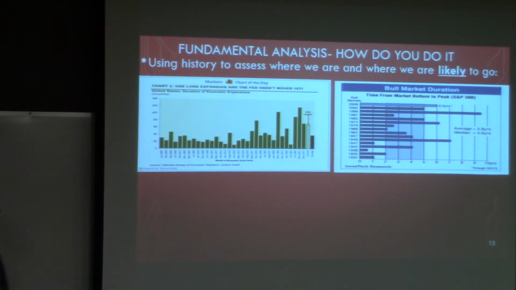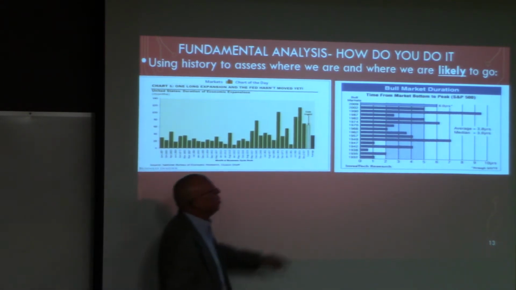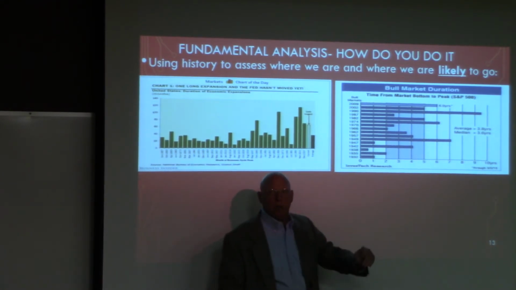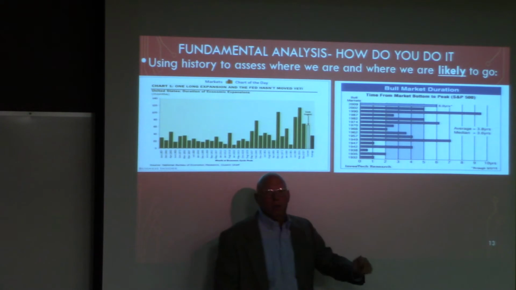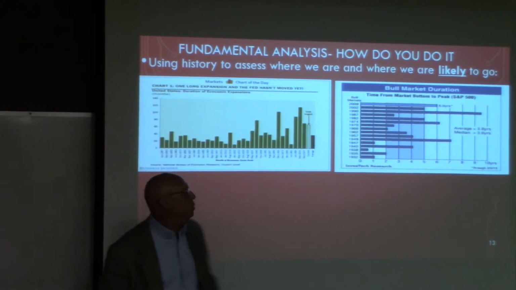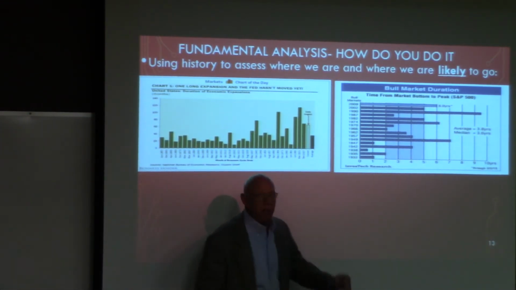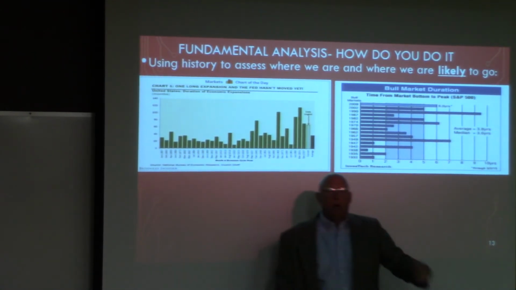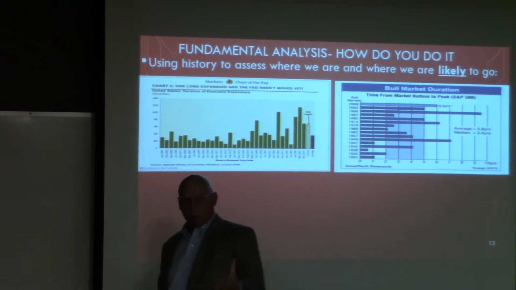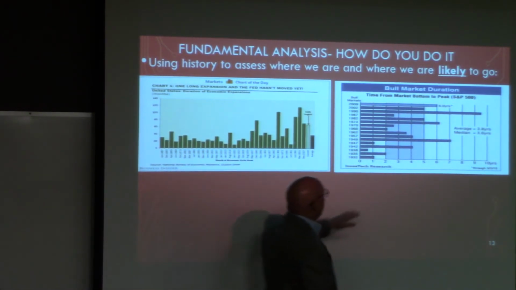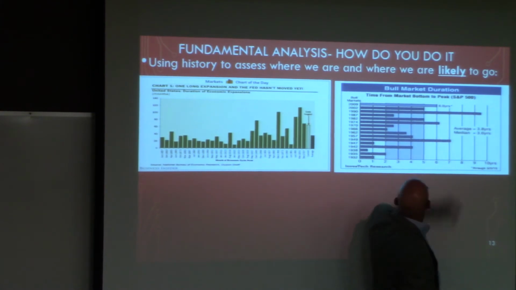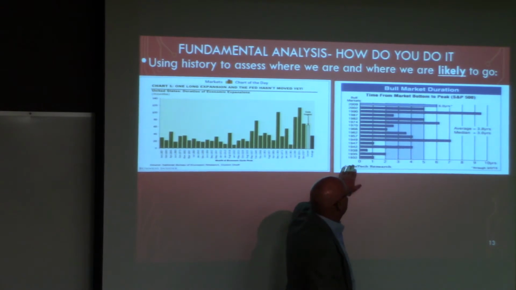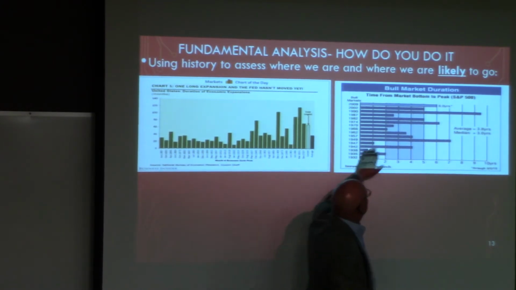This is a chart of how long it takes to go from the bottom of a stock market to the top, and then what happens after you reach the top? You go back down. What this shows is the average or median length of a bull market, about 4 years. When this chart was taken, through 2015, we had been up for 6 years.